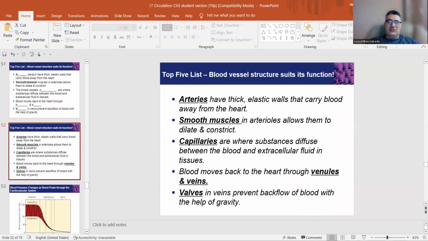So here are arteries. They take the blood away from the heart. Veins bring it back to the heart. They contain valves. Vein valves. Capillaries are in between. Just in case, if I ask you, what kind of muscles in the heart? Cardiac muscles.